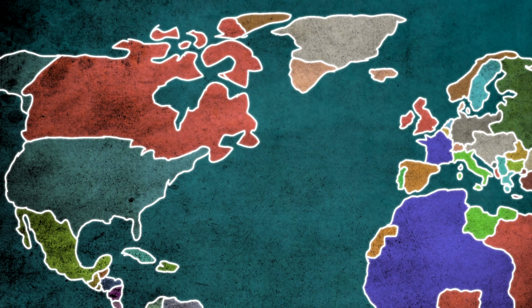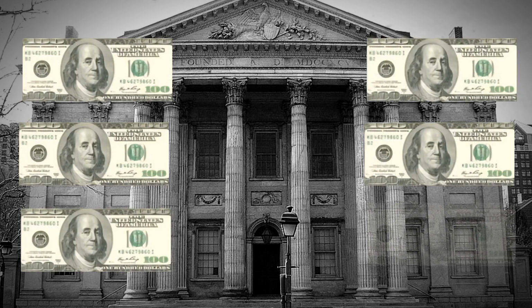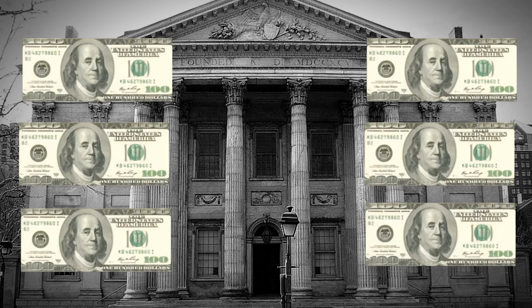Despite its neutral position, the US maintained economic relations with both the Allied and Central Powers. However, the balance of trade heavily favored the Allies, particularly Britain and France. American banks extended substantial loans to these nations, fueling their war efforts and creating economic interdependence.